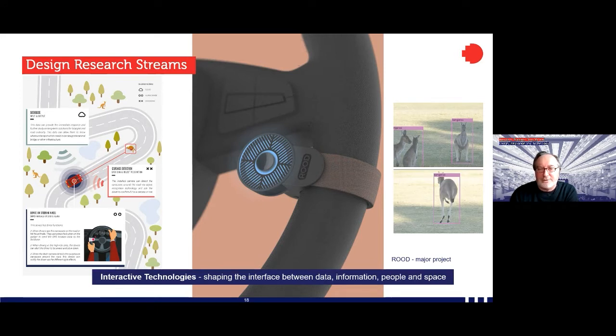So there's a button on your steering wheel, and if you see a large congregation of animals, kangaroos in this case, or a dead kangaroo, you click the button, it takes a photo of that situation, and uploads it to the cloud. The AI system then reconfigures it and updates the whole system. So this idea that you're part of the data, you're part of the solution, not just being given the solution. Okay, next slide.